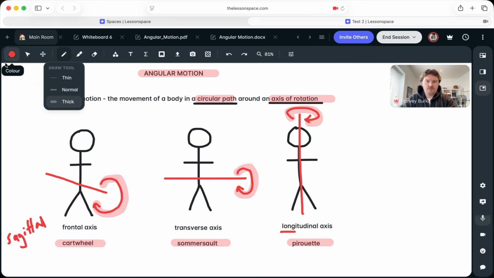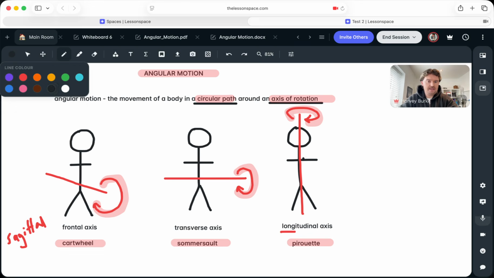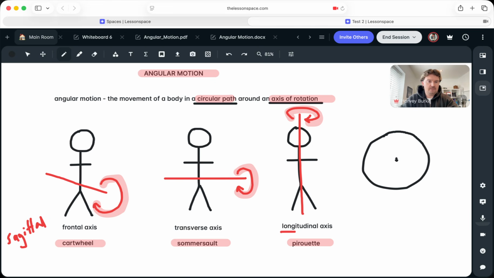They'd also expect you to be able to outline how angular motion is created. So let's say that this is a football and this is the centre of mass of the football. You can either apply a force that goes through the centre of mass, or you can apply a force that goes outside the centre of mass. And this is the type of force that would cause the football to spin more.